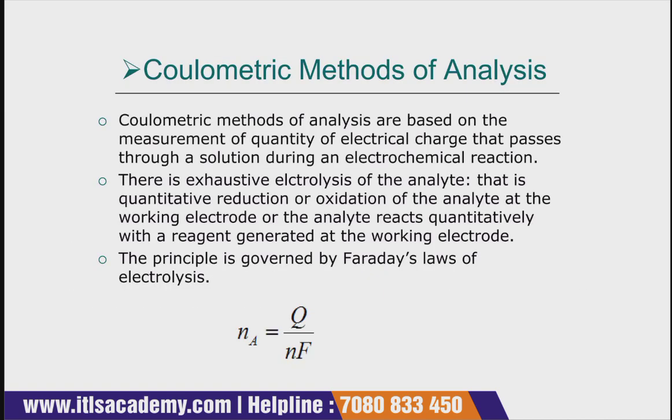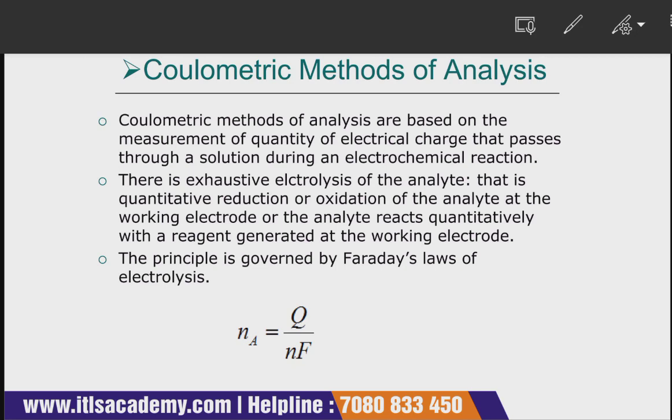Okay, now comes the method of coulometry. We have already discussed the types of coulometry, so now let's talk about the coulometric method of analysis, how this method is used for analysis. The coulometric method of analysis basically depends upon the quantity of electric charge that passes through the solution during an electrochemical reaction.